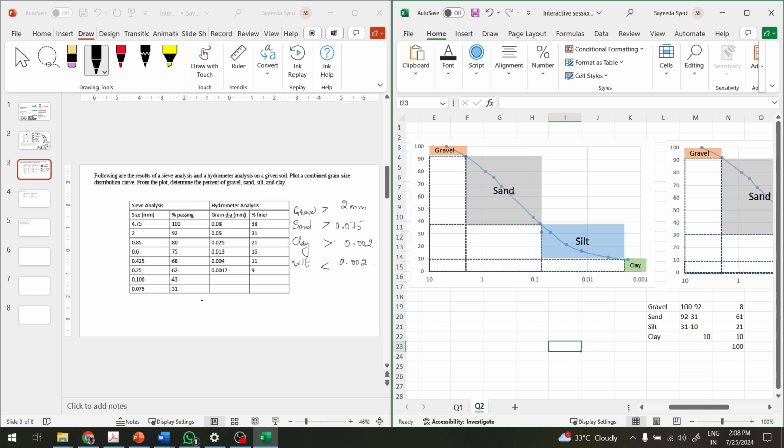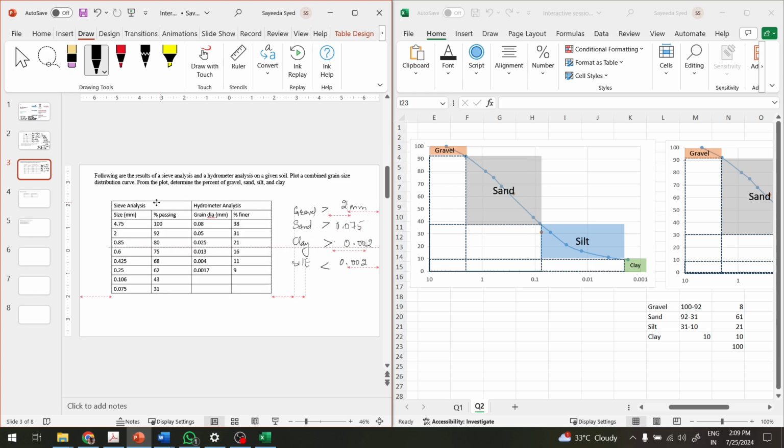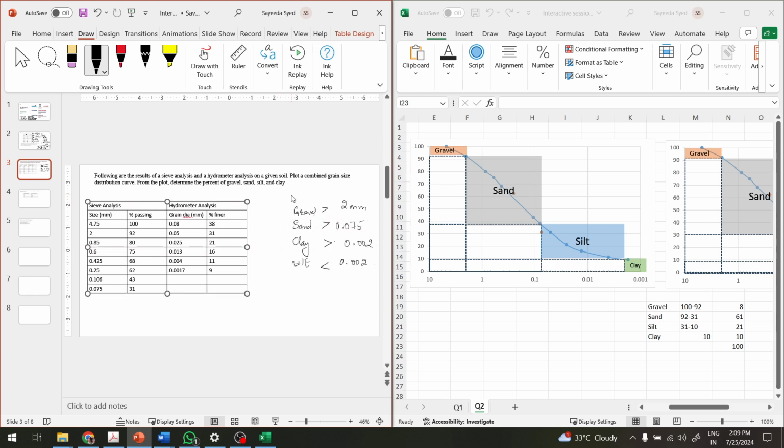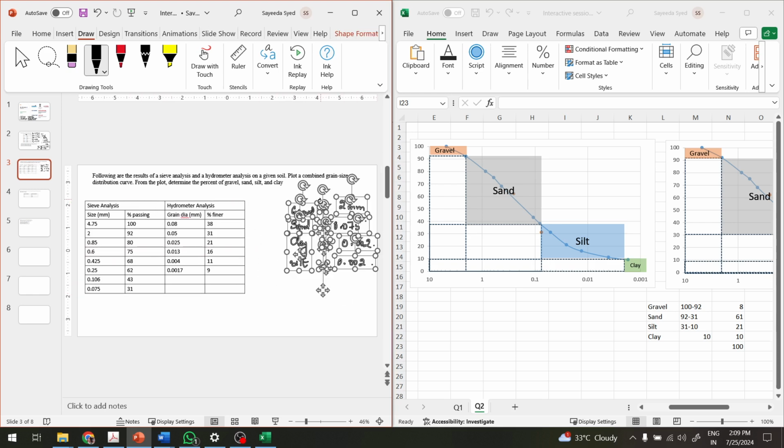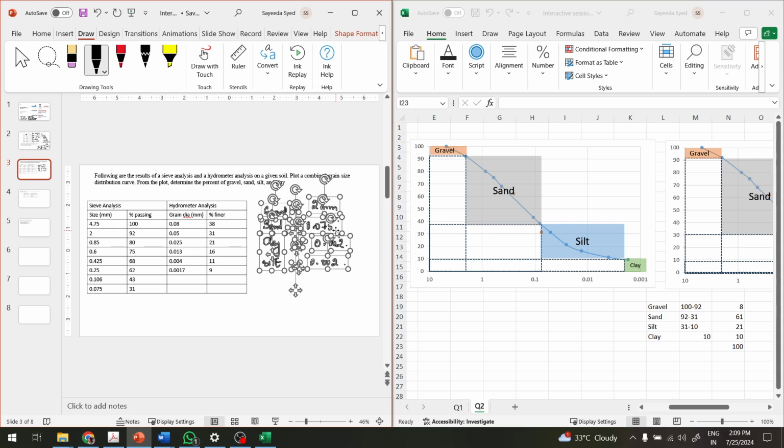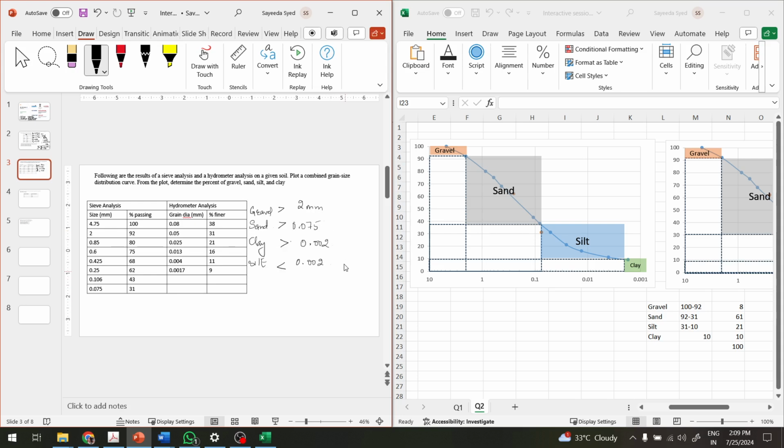So what we are getting is, this is 8%. We have this at 61%.